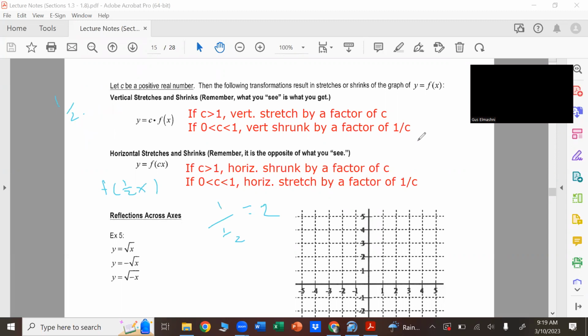Okay, let's talk about reflections and then wrap it up. Okay, this should be pretty easy. Root x is this. Again, this is my color scheme, just so you know. This right here, you're going to reflect about the x-axis.